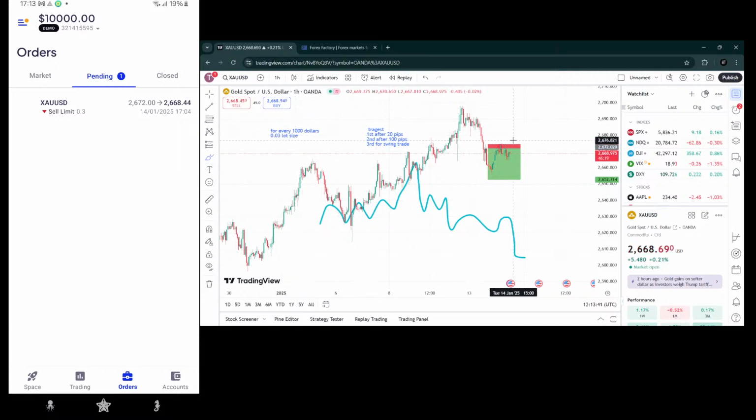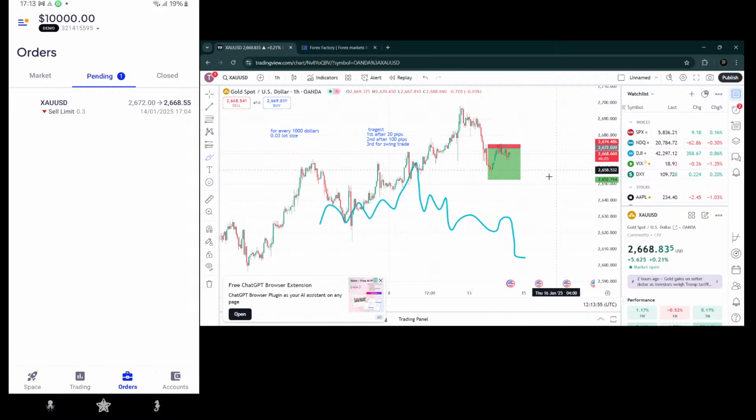So if you count, it's like $3. So our entry is on 72. After, let's suppose market hits 72 and goes down, the first thing I'll do is the break even. I'll put my hedging point at the same point, then there is no risk in this trade.